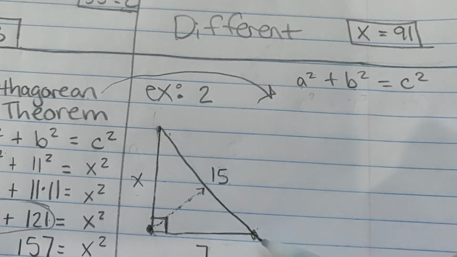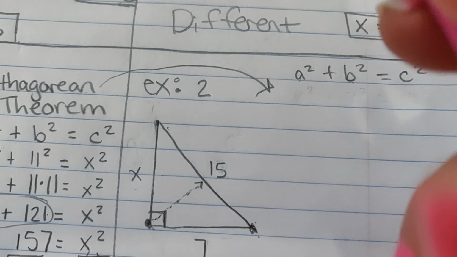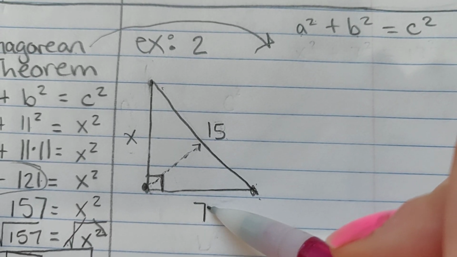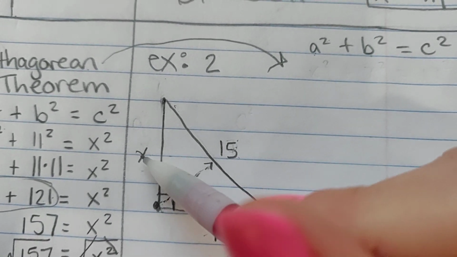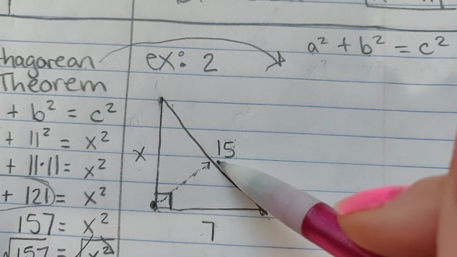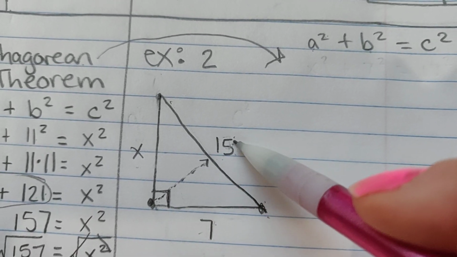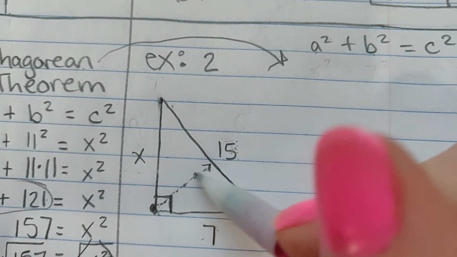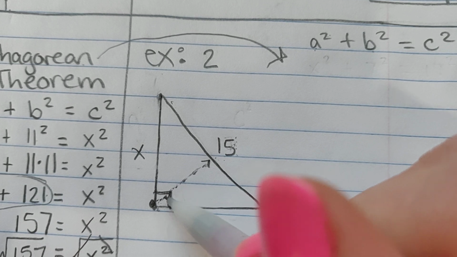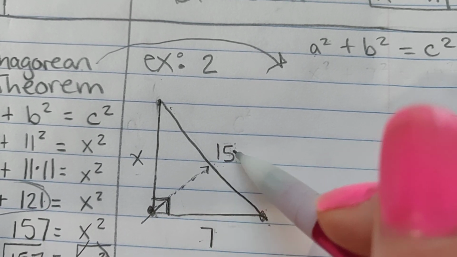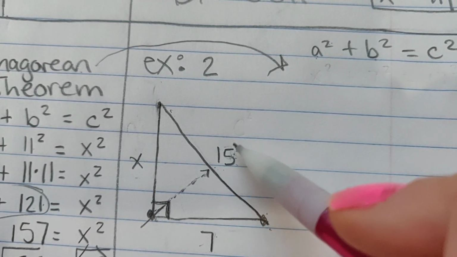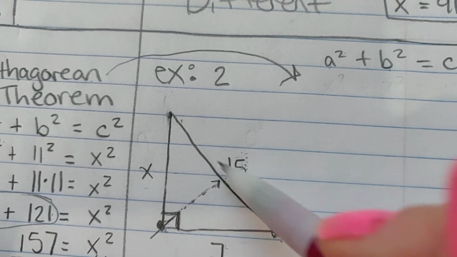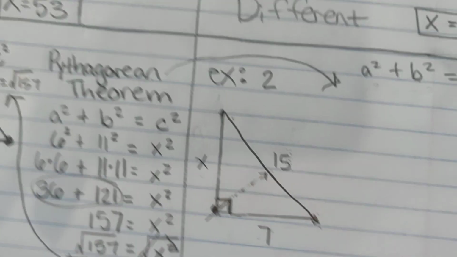As long as it's a right triangle, it's the longest side. Compared to this number, this one's pretty big. But this one over here isn't across from the right angle, so that's how I know this one is my hypotenuse. See how the right angle kind of makes a point, like an arrow pointing in this direction? That's how I know this is my hypotenuse, the longest side of the triangle.